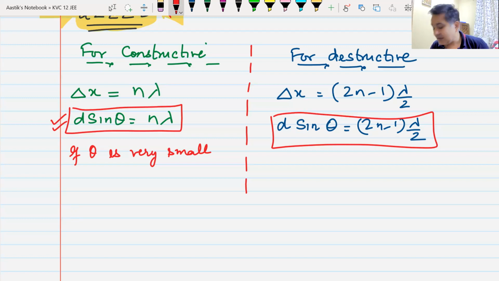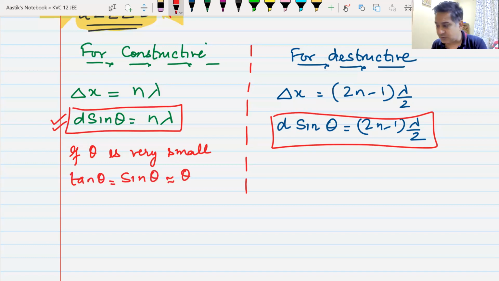So we can say that in most of the cases, unless I give you a question where theta is not small, theta is always going to be small. Now, if theta is going to be very small, then you must remember that the value of tan theta becomes equal to sine theta, and this approximately becomes equal to theta. We all understand it?